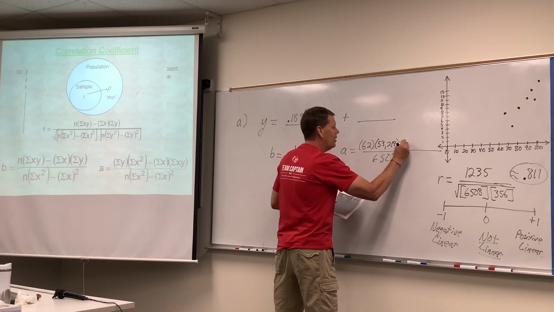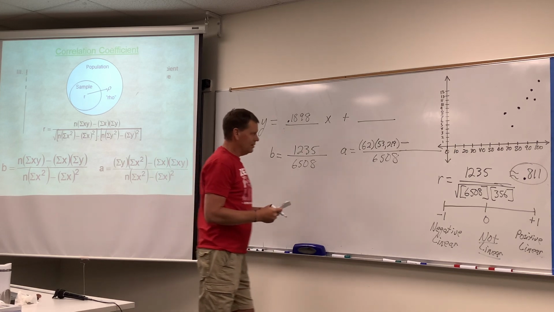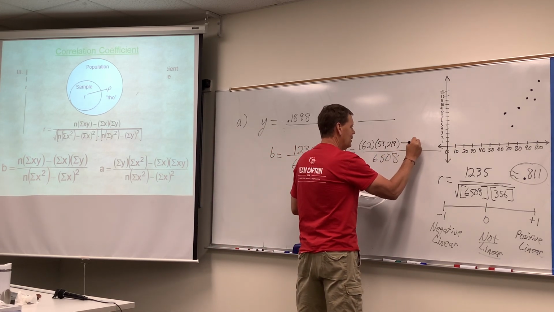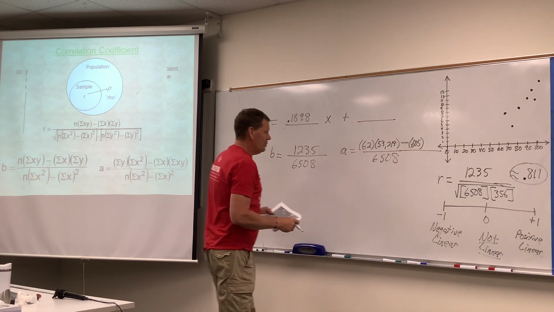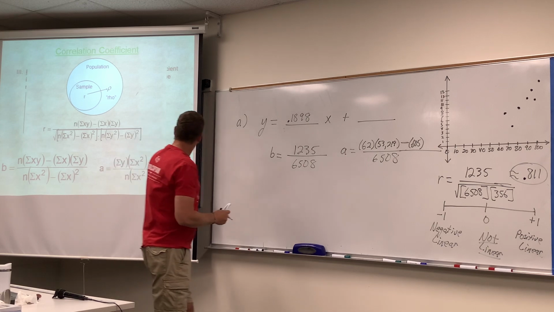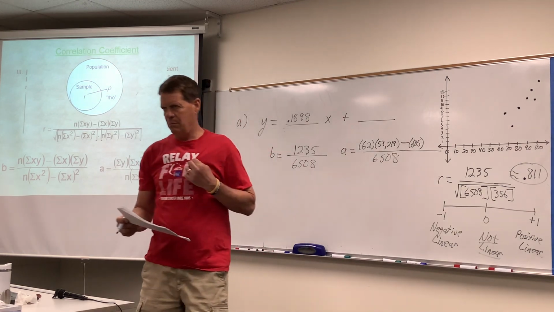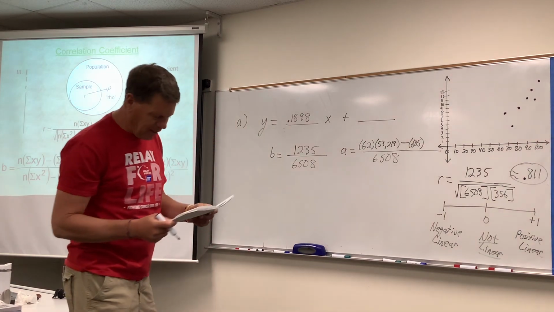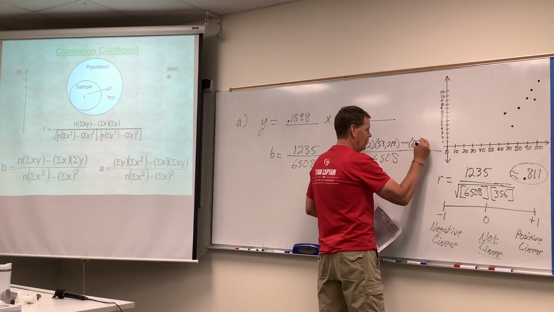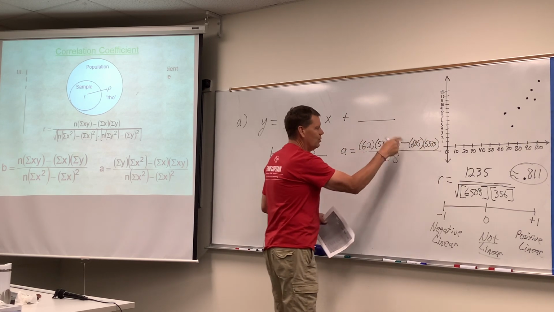All right, minus sum of x, what was that one? Yep, 605. I hope I'm looking at the right table here. 605. Well, I'm sorry, I should have planned better for space here. Sum of xy, what color is that column? Yeah, red. That's right. 5535. I'm really sorry, I didn't think ahead very well. 5535. Boom, boom, boom, boom.